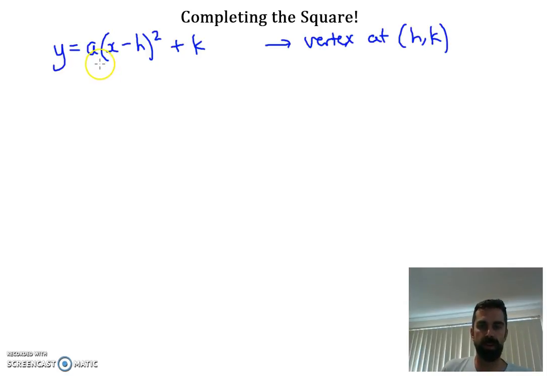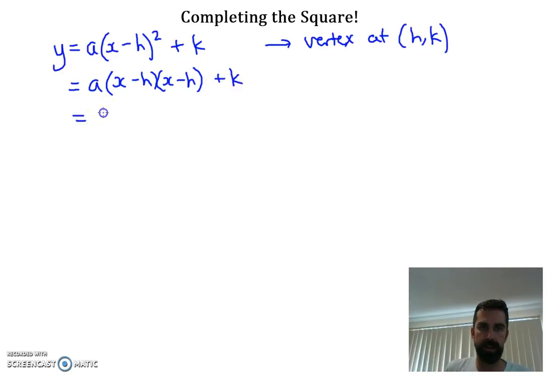To start with, what I want to do is just take this form and expand it out into a regular quadratic and see what that tells us about this method, completing the square. So let's start by expanding it out. If I've got x take h in brackets squared, that's the same as x take h multiplied by x take h.